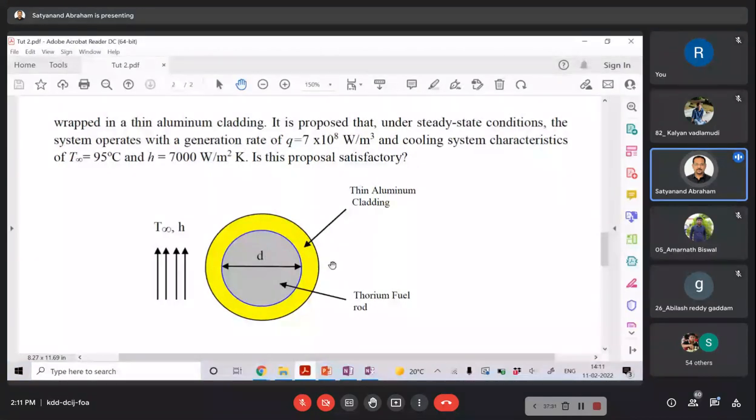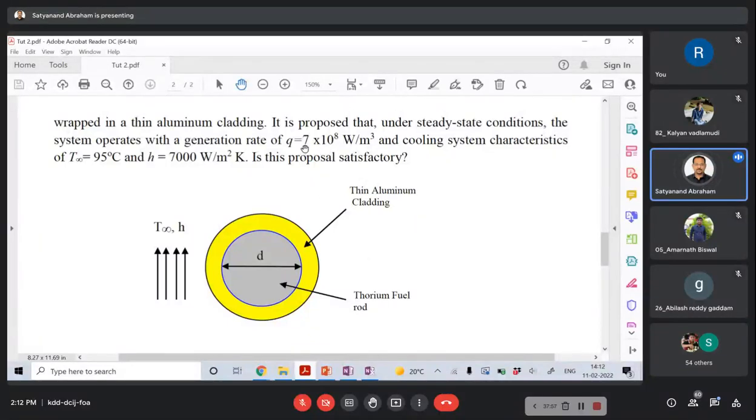We are having a system like this. It has a fuel rod with a particular generation rate. And if you give a particular cooling rate, it is asked whether the system can be operated in a safe manner. That is the question. We can just do the calculation and see.